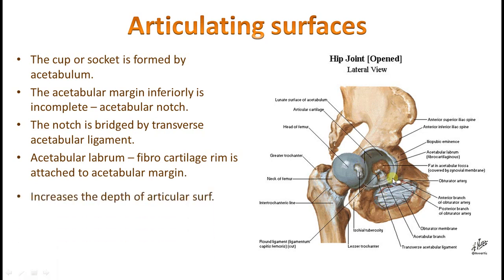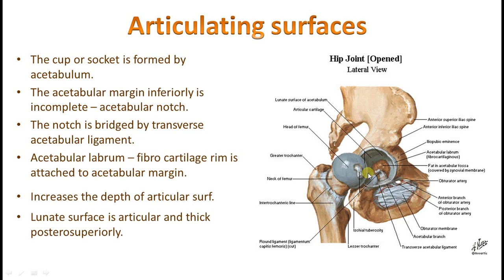So the acetabular labrum increases the depth, and mainly the lunate surface is the articulating surface. Now, the posterior superior part of the acetabulum is very thick and forms a shelf-like thick bony buttress, because that part is where most strain takes place during extension.